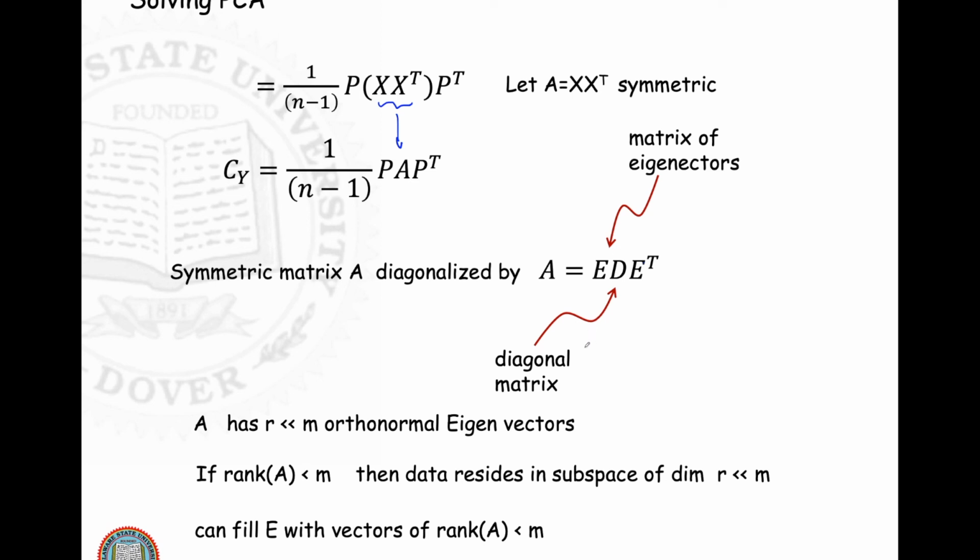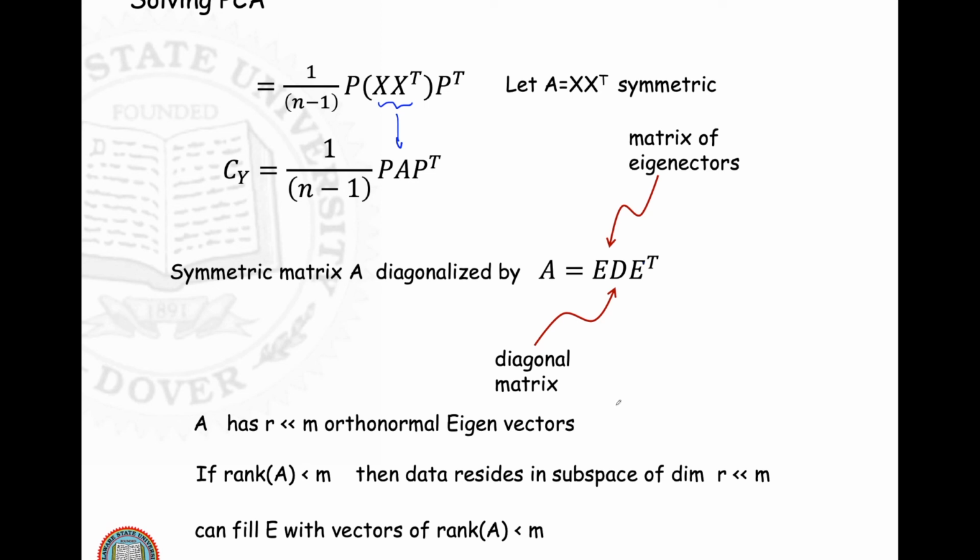So we have our Eigen Decomposition, and A has some number of rows, which are the orthonormal eigenvectors. If the rank of A is less than M, then the data that we have originally from X is going to be in some subspace, a reduced dimension from the original M dimensions for our measurements.